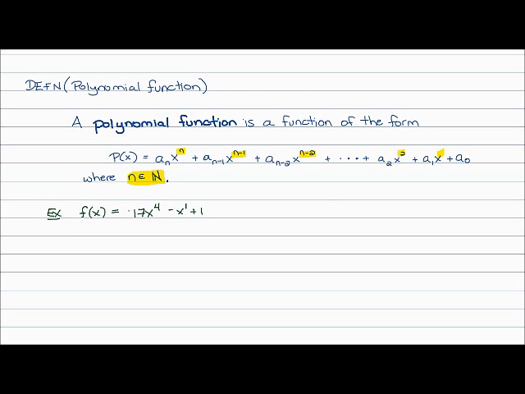What makes a polynomial function is just that the powers on your variables are counting numbers, okay? Also note that it is traditional to denote a polynomial function with a p of x, although it's not required. I used an f of x in this example, but p of x is commonly used for the introduction of a polynomial function like we did here.